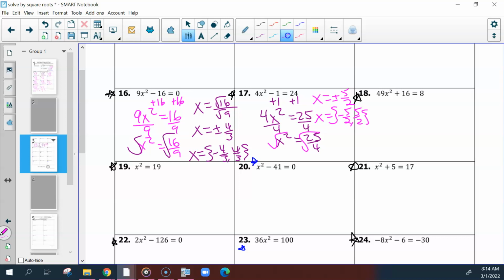Same process, subtract 16 on both sides. And what would I do next? Divide, yes.